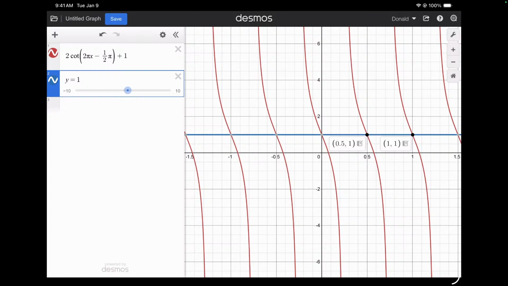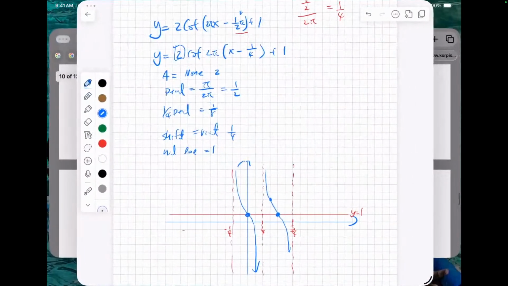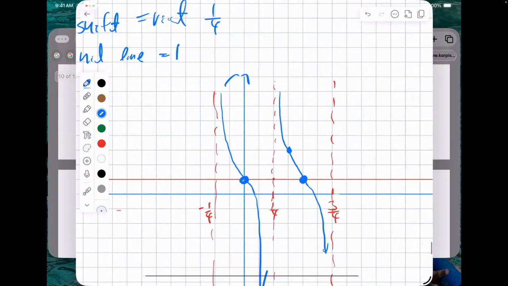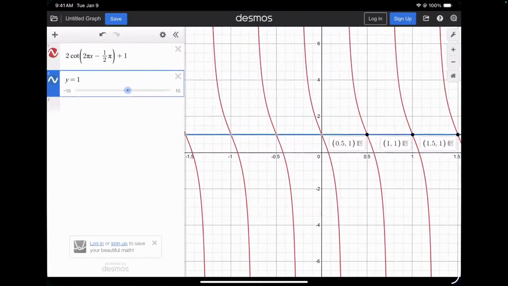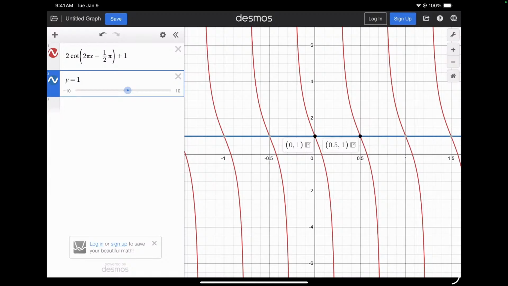It's a half and 1 and 1.5. Do you see that graph? This is a half, right? This is a half, and this is 0. And that's the center point and going the other way. You can see that from here, which is here. That's a 2-period graph.